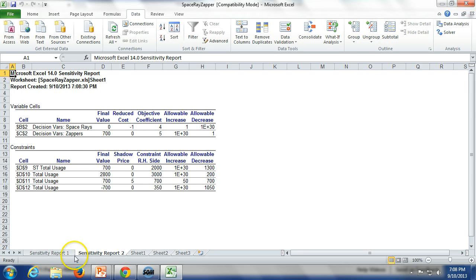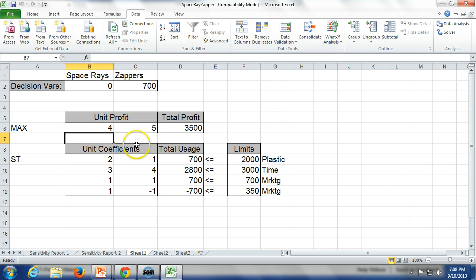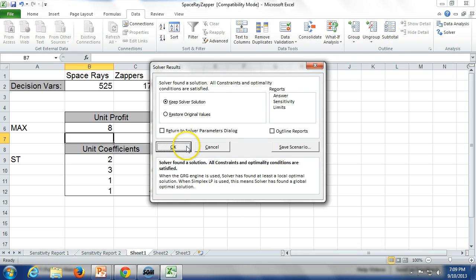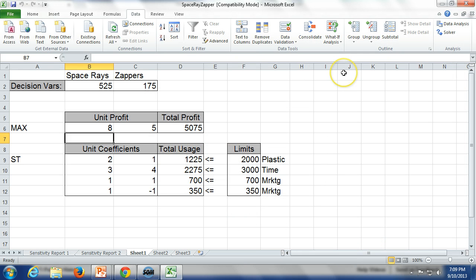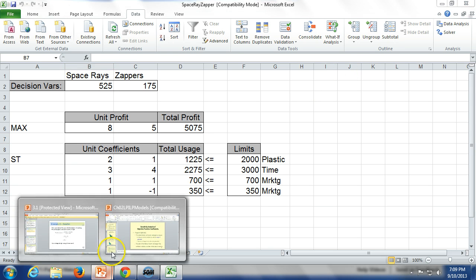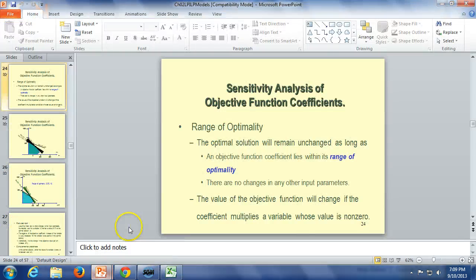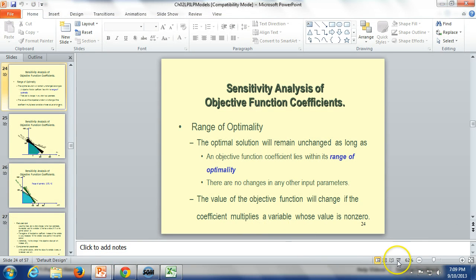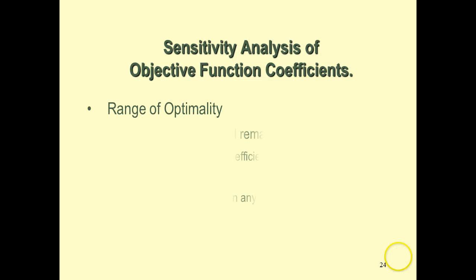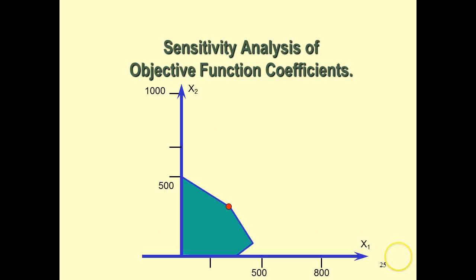Okay. All right. What was it, 8 and 5 to start with, right? Let me resolve it. Get it back to where it was. Okay. And here's what's happened.